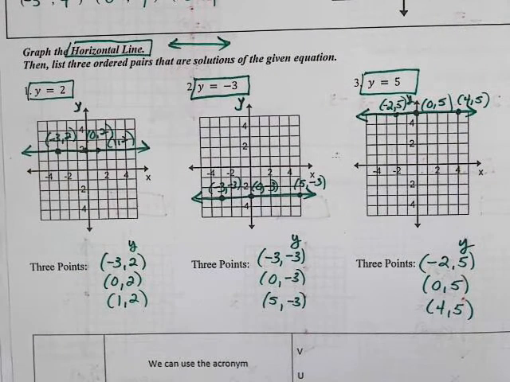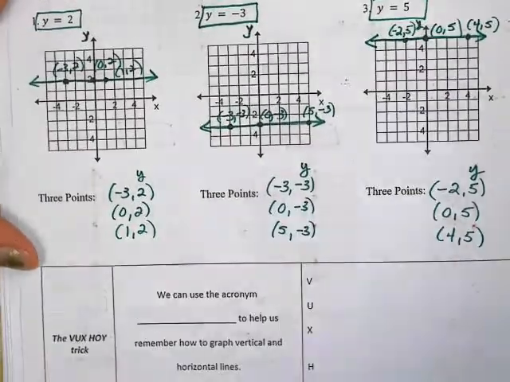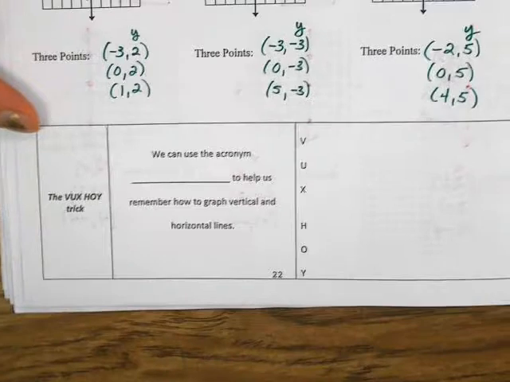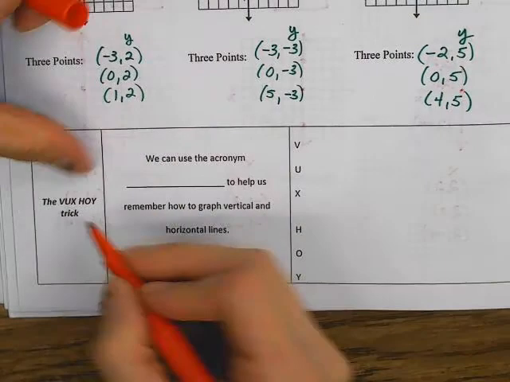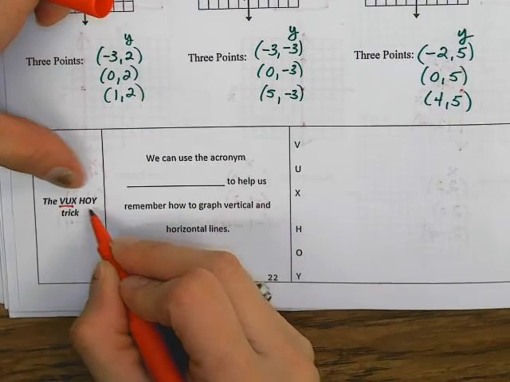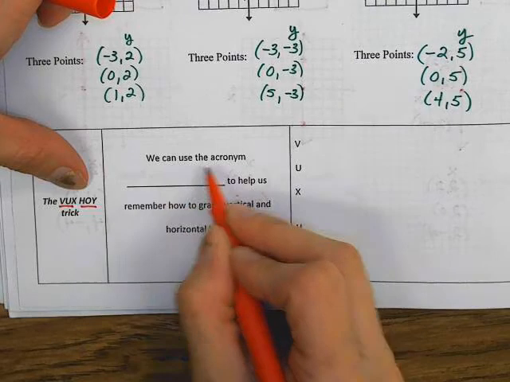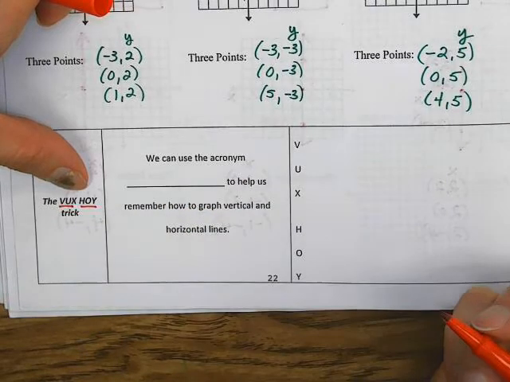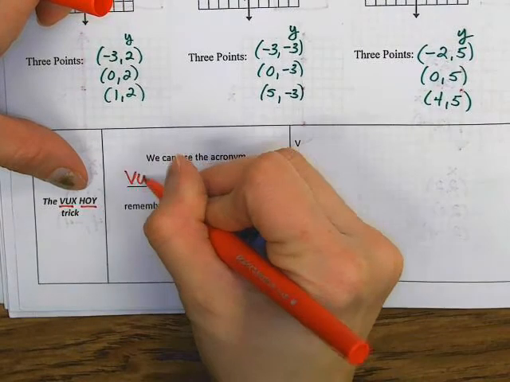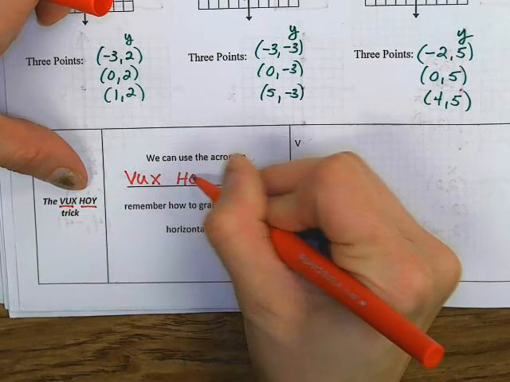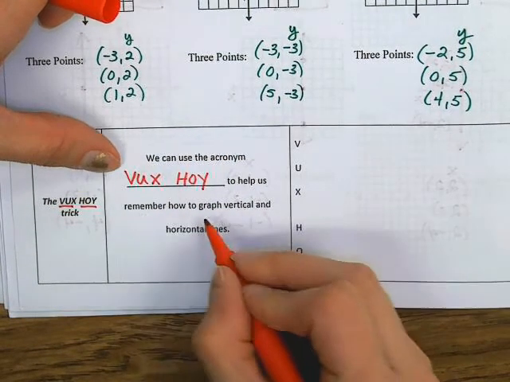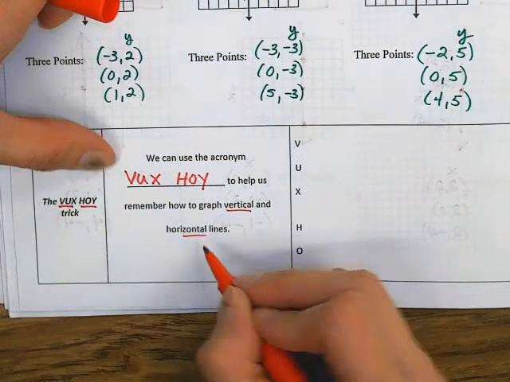Okay? There is a little trick that people use to help them remember this, it's called Vux-Hoy. V-U-X and H-O-Y. We can use this acronym to help us remember how to graph vertical and horizontal lines.